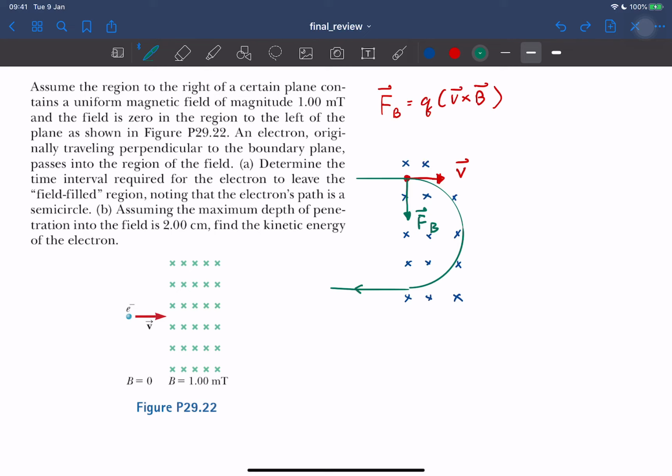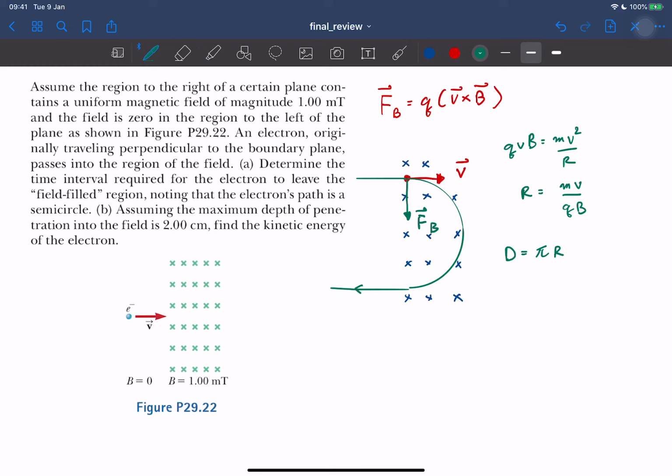Okay, so if you don't remember, you can always start with F equal to qvB equal to mv squared over r, right? So the radius r is equal to mv divided by qB. Okay, so how long does it take? Well, this is half of the circle, so it's half of the circumference. So the distance is not 2 pi r, but just pi r, right?